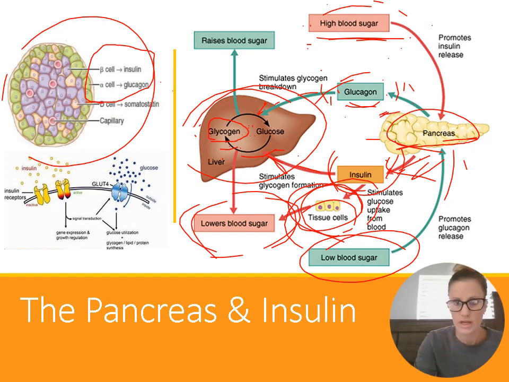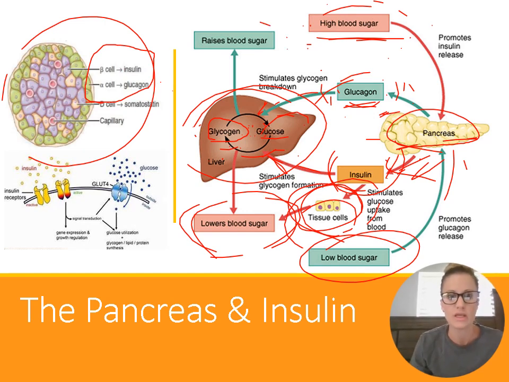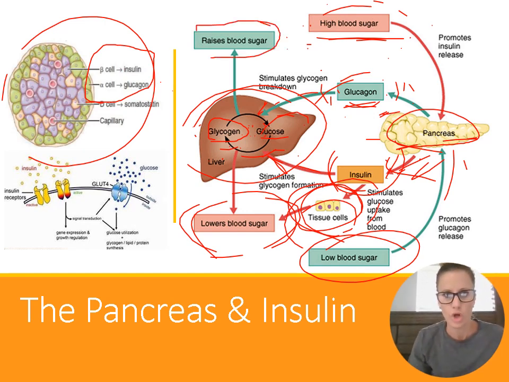So glucagon stimulates the breakdown of glycogen into glucose and then releases that glucose into the blood, and we are able to increase our blood sugar back to normal levels.